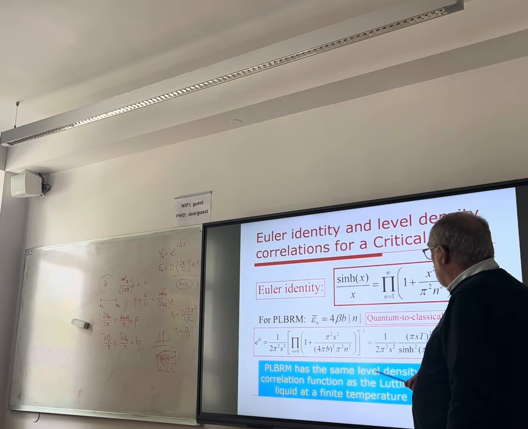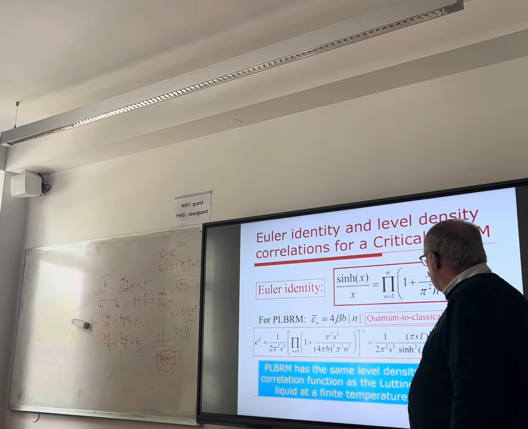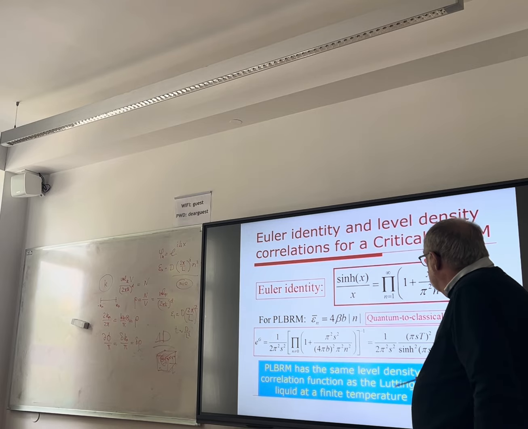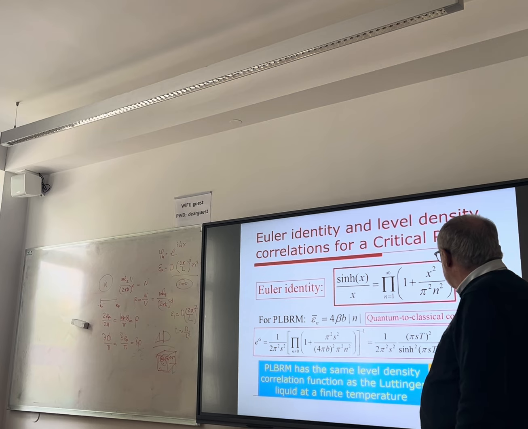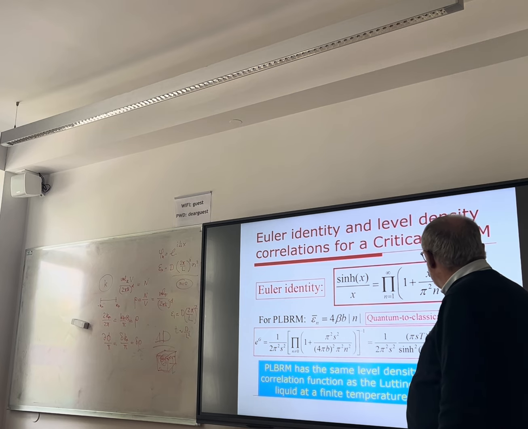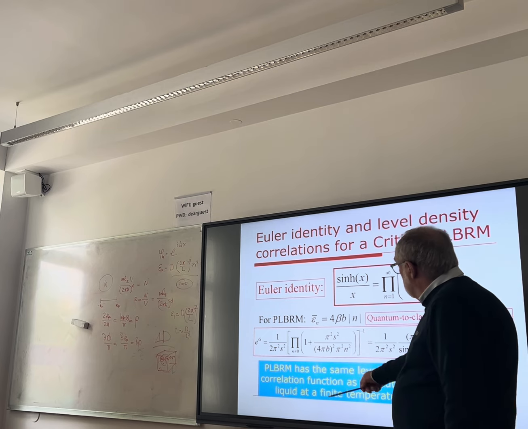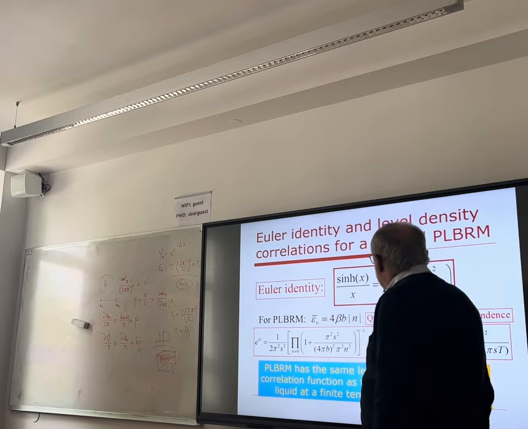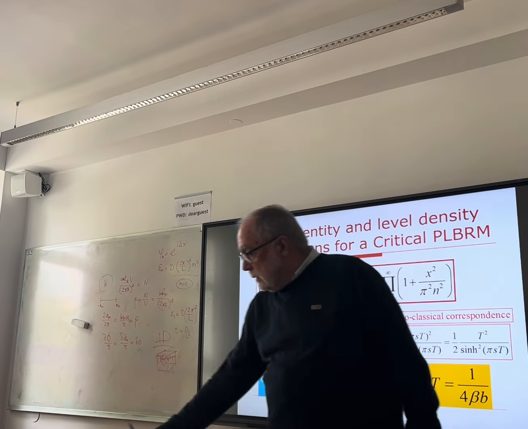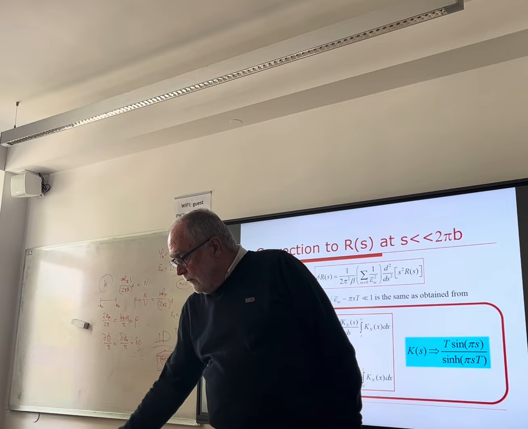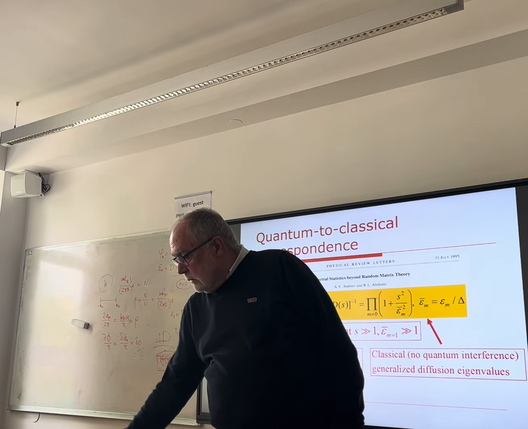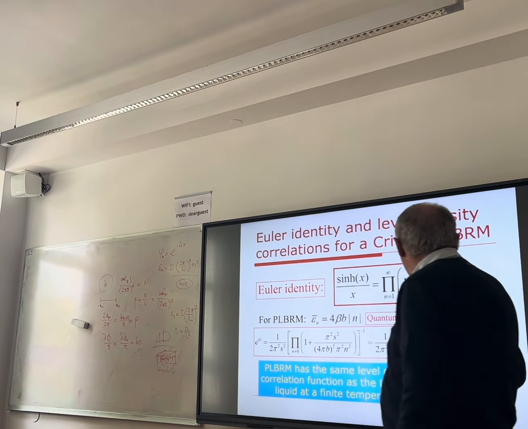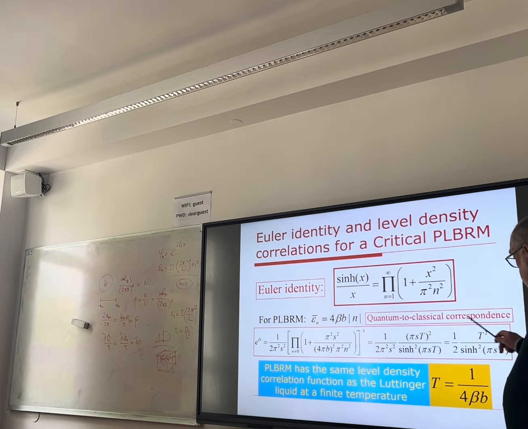And if you simply do very simple manipulation, what you get is that e to g, which is the factor in level statistics, is given by inverse sine squared.